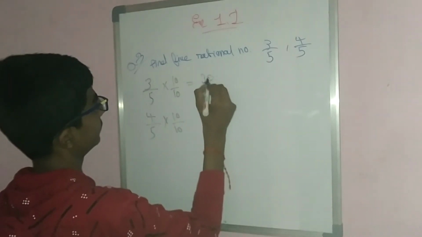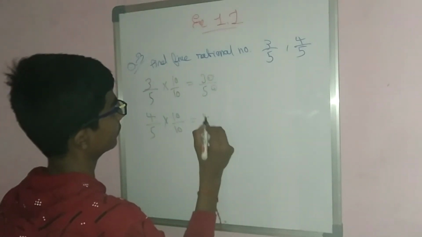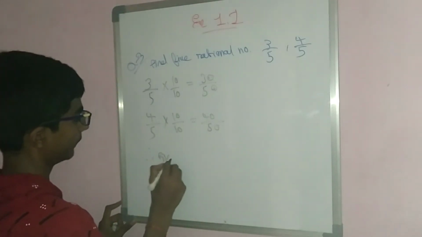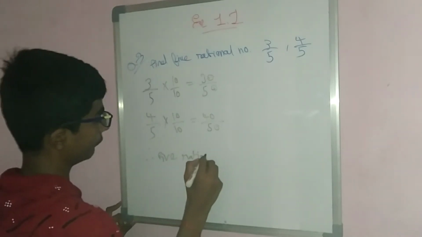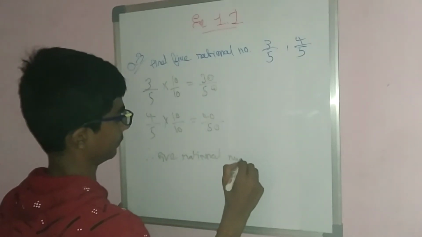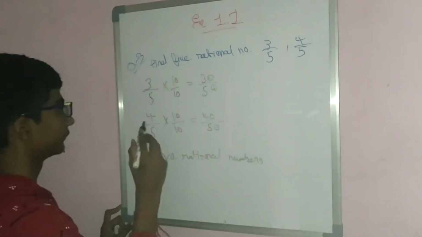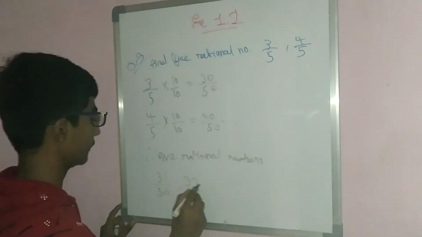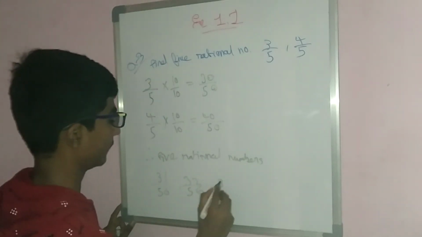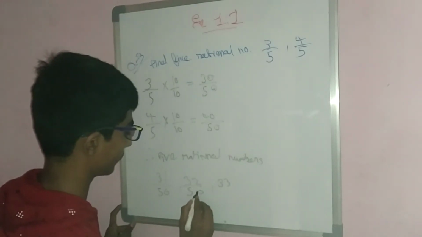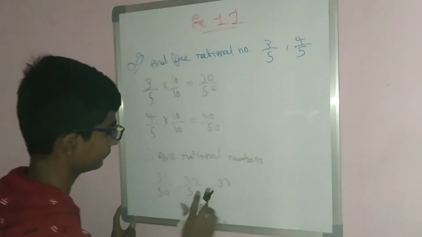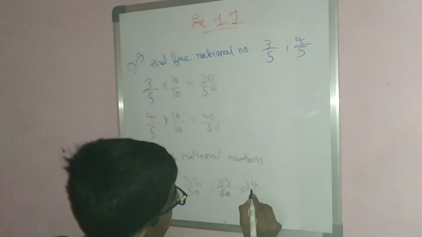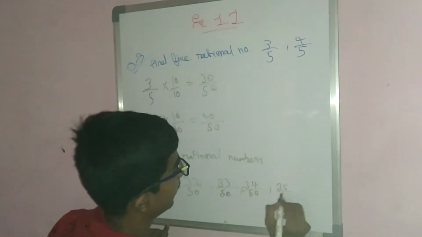We will again get 30 upon 50 and here 40 upon 50. So here we will again write 5 rational numbers: 31 upon 50, 32 upon 50, 33 upon 50, 34 upon 50 and 35 upon 50.